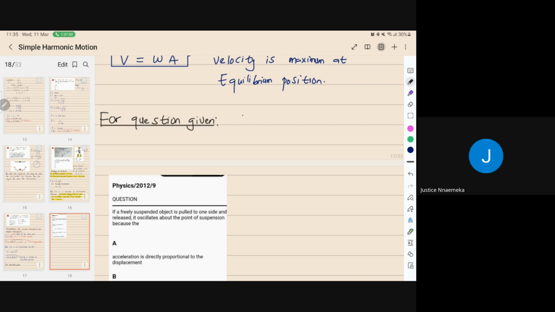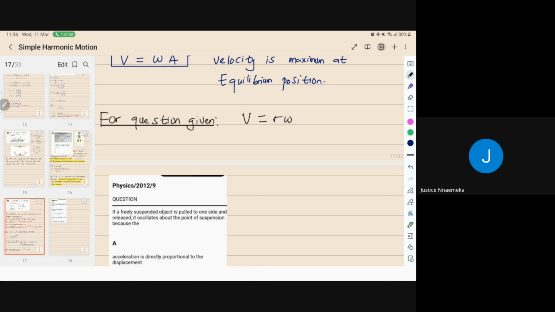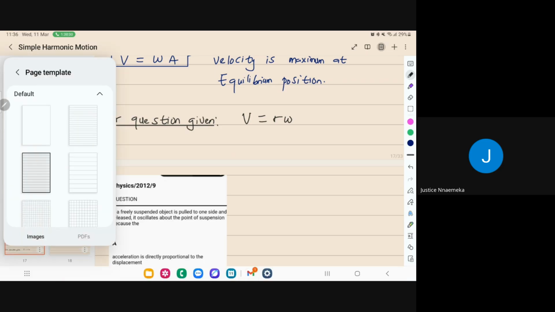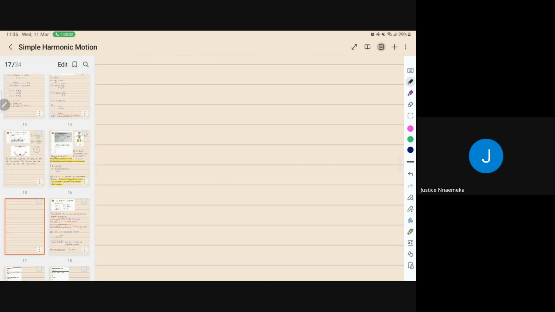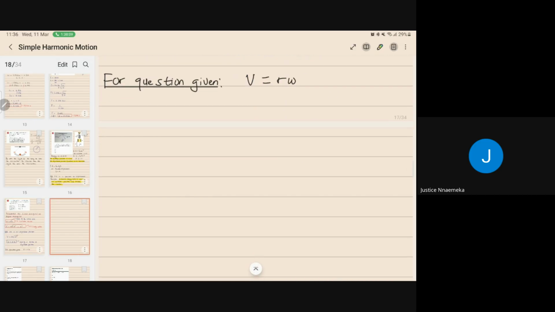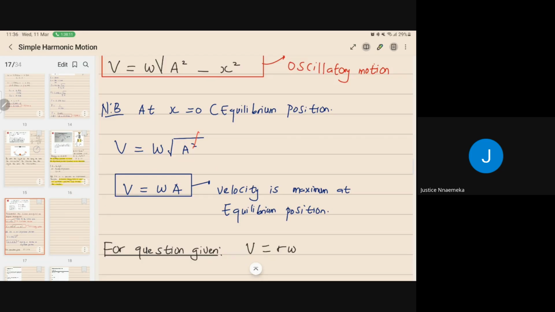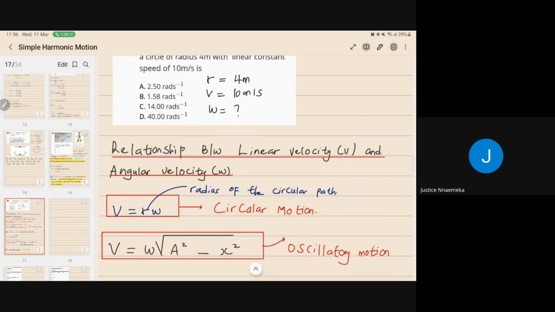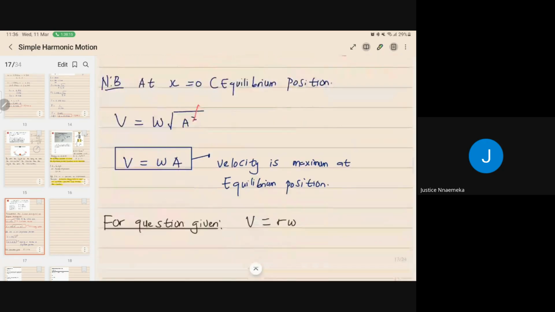So for the question given, we have that v is equal to r omega. What's the value of v? People of God, are we following, guys? If you're following, can you give me a thumbs up, please? All right. From that question, v is 10 meters per second, r is equal to 4 meters.